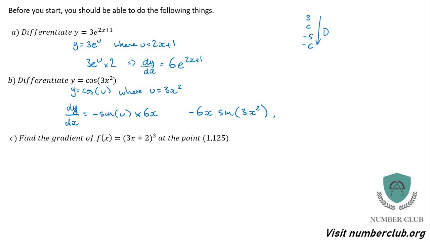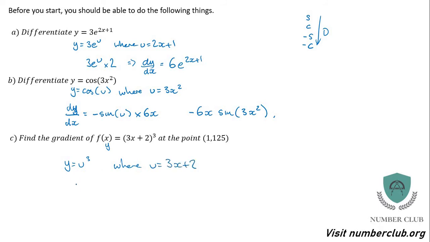Next, find the gradient of f of x at the point (1, 125). In this case, we've got a linear function being raised to the power of 3. You can express f of x as just y, changing it straight away to make things a little easier to understand. So y is equal to u cubed, where u is equal to 3x plus 2.